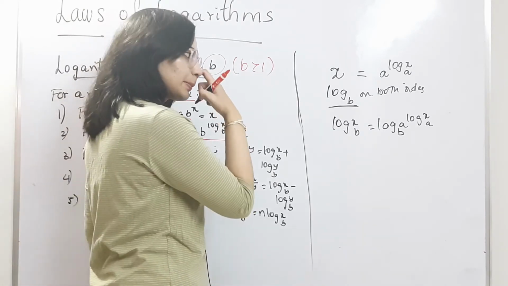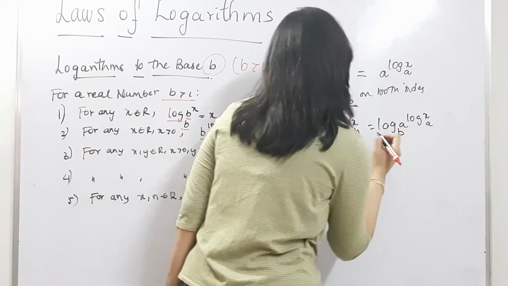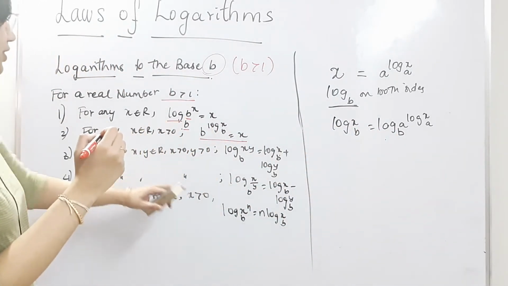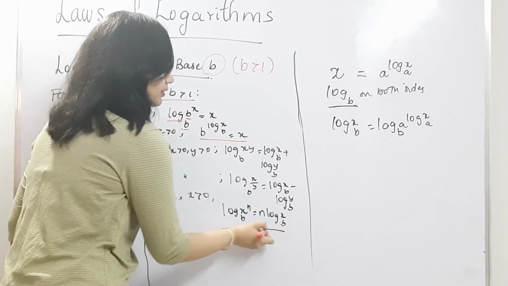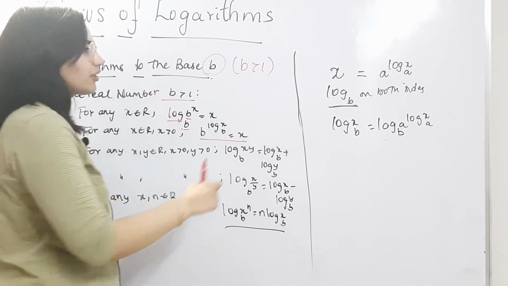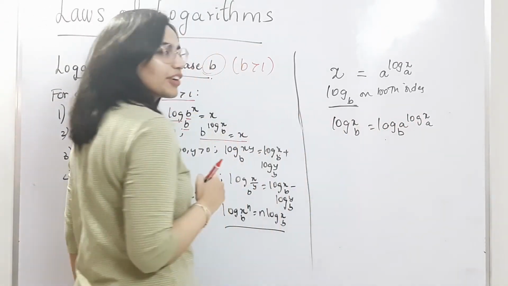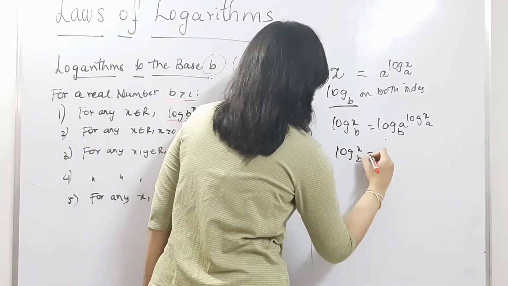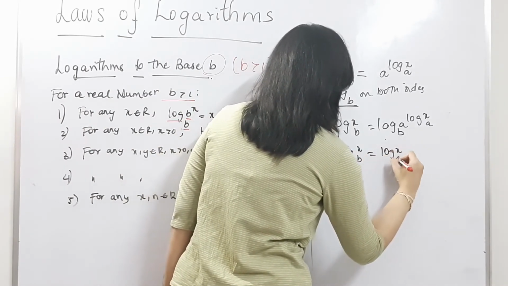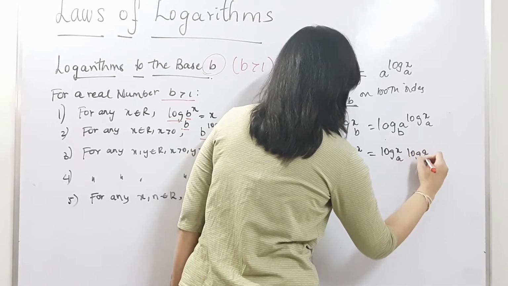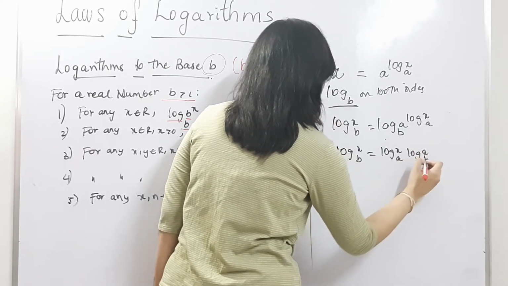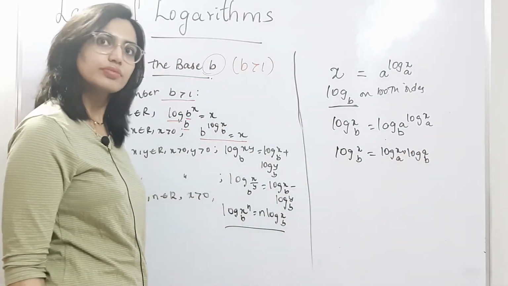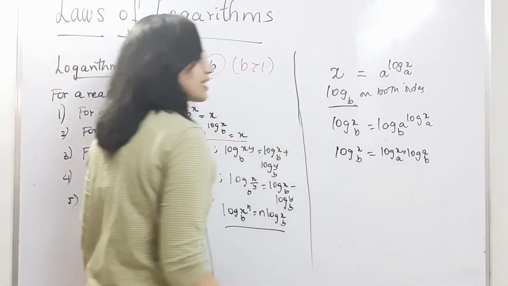What will happen? Using this rule here, can we not take this in front of log? Yes. So we'll get log x to the base b is log x to the base a into log a to the base b. Right. So what do you understand here?